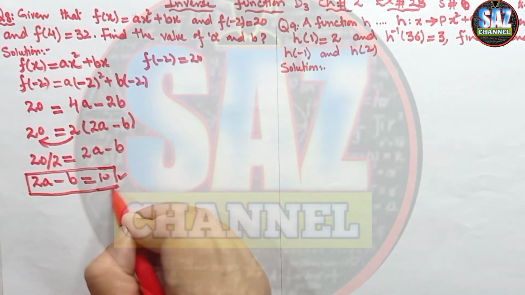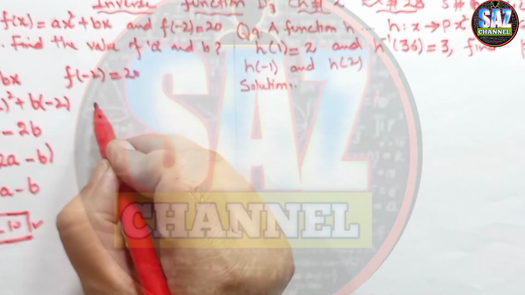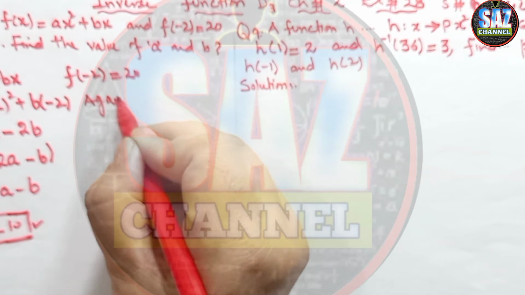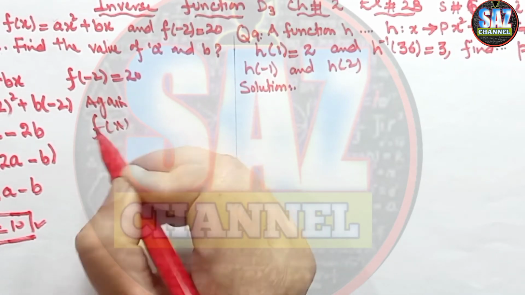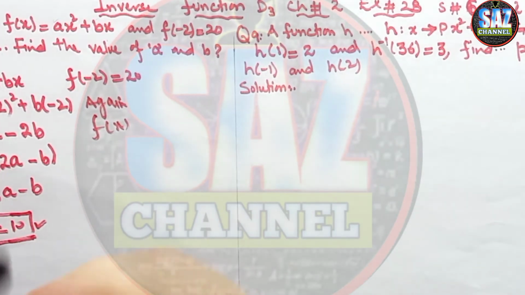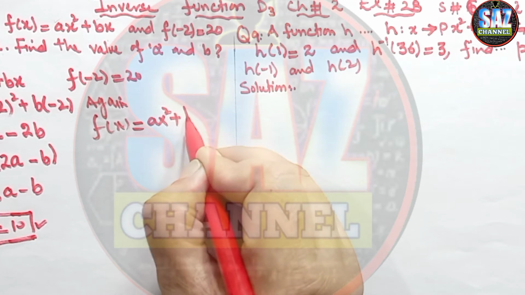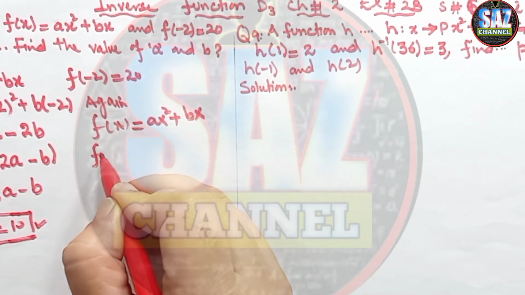And now let's move to the second condition, that says that f of 4 equals, again f of x equals ax square plus bx, and instead of the variable I have to replace 4.